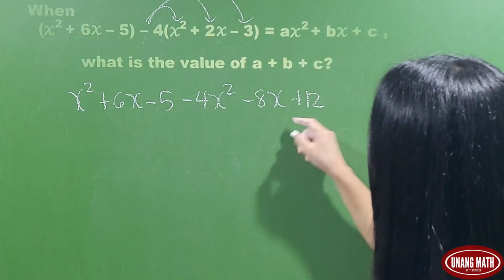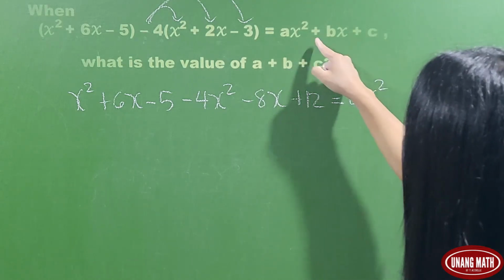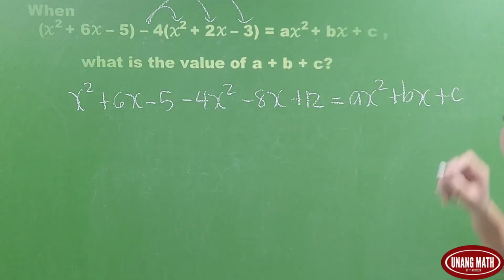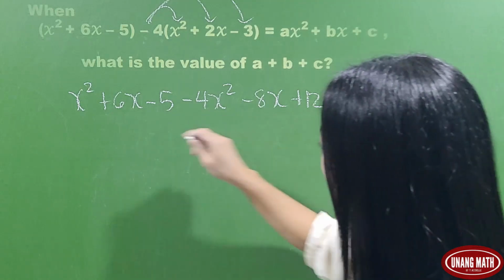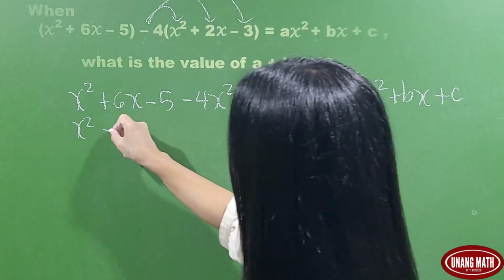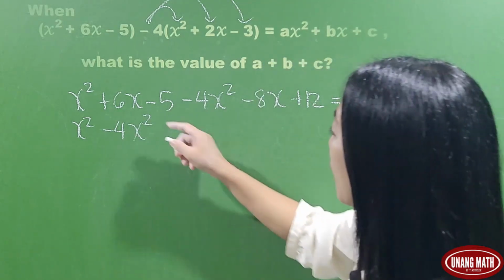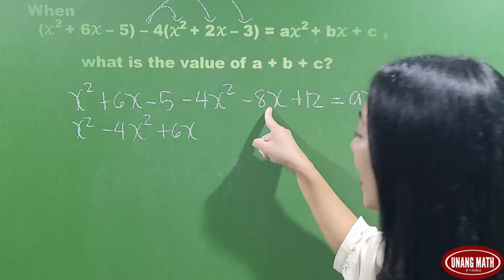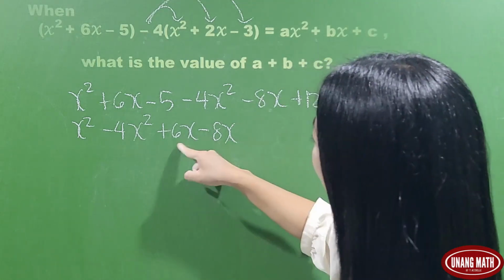This expression is equal to ax squared plus bx plus c. Simplify by combining like terms. So we have x squared and negative 4x squared are like terms. What else? 6x, so this is plus 6x and negative 8x. These are also like terms.